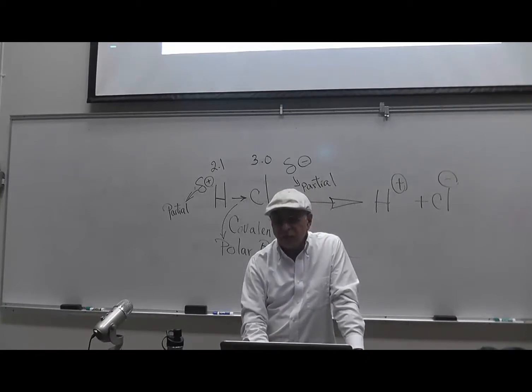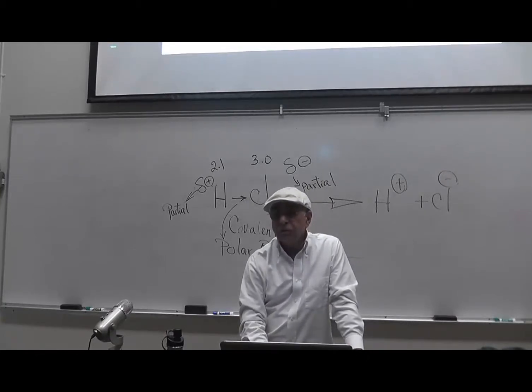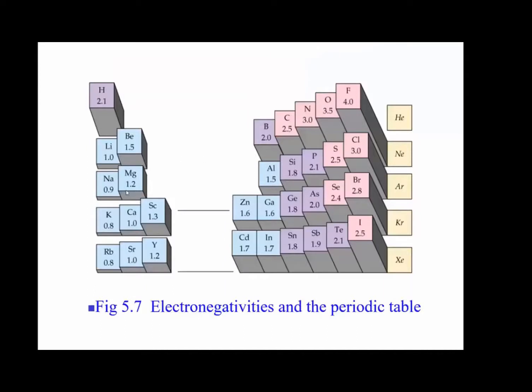The one which has got higher electronegativity. The lower electronegativity is going to lose electron to the higher electronegativity. So electronegativity is the tendency of atoms to pull electrons toward themselves, to pull shared electrons toward themselves.